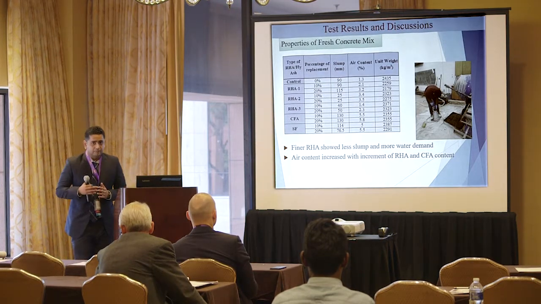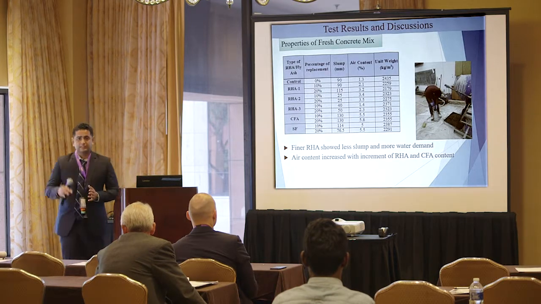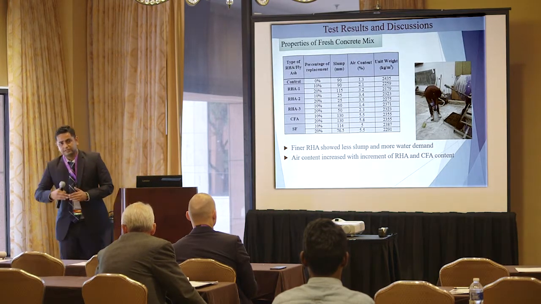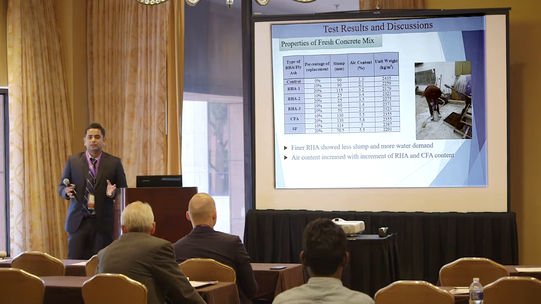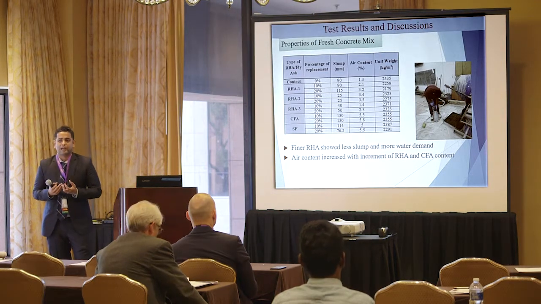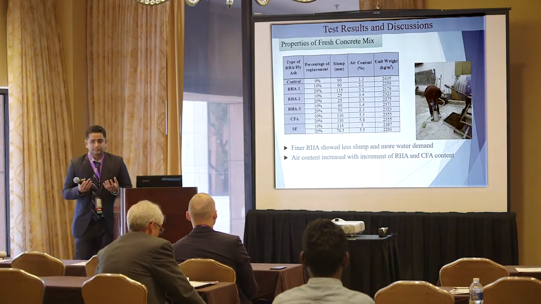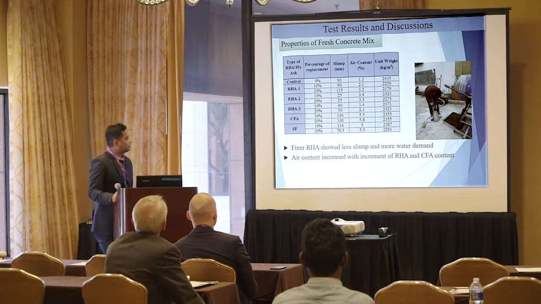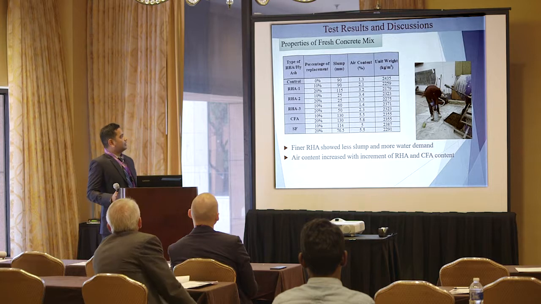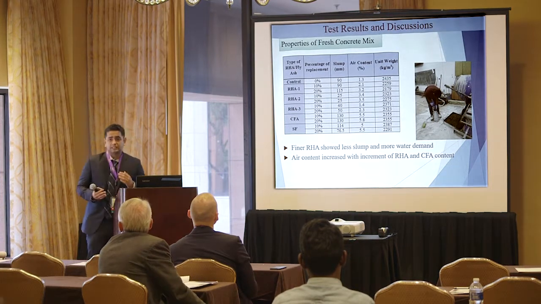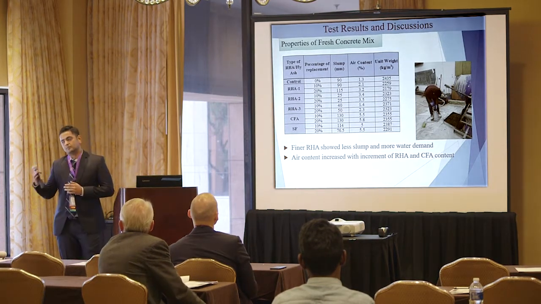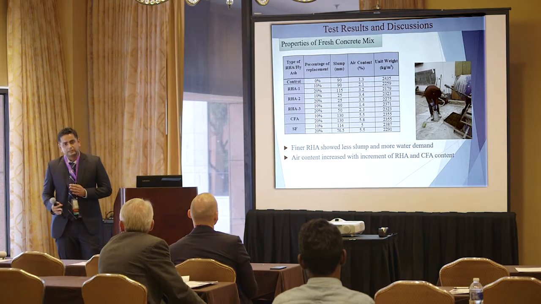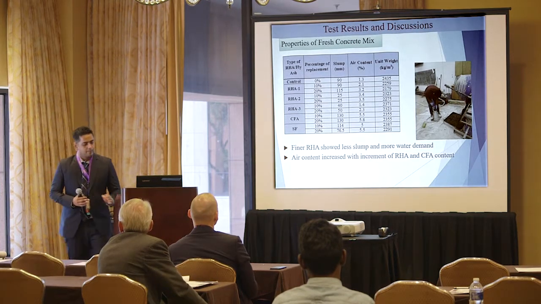So if I add finer RHA to the concrete with the cement, it will require more water, and the slump will be less. The same goes for the air content, and unit weight increases with the finer RHA modifications.